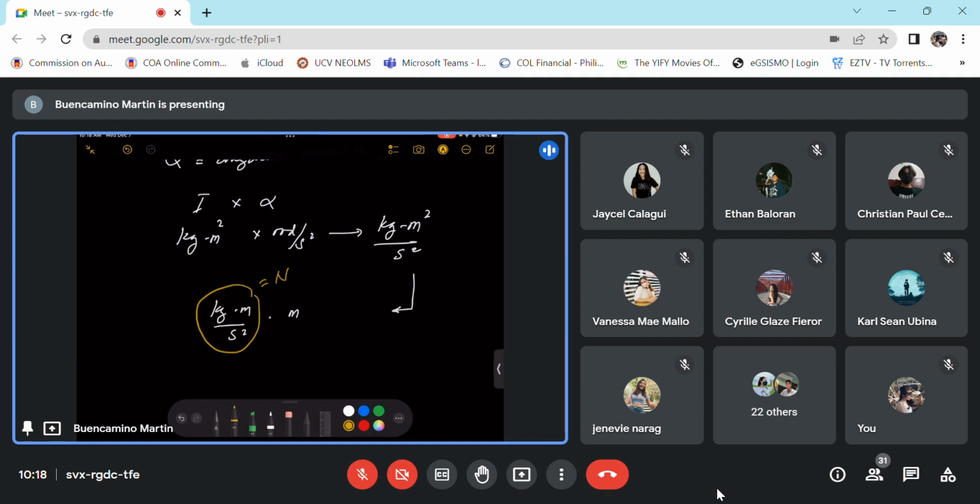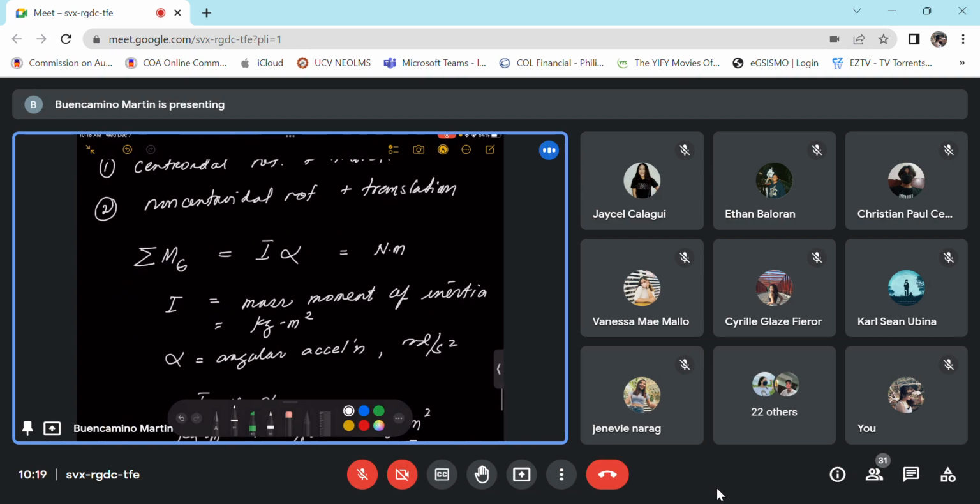Remember, class, that 1 Newton is equal to 1 kilogram meter per second square by definition. And so our resulting unit will be Newton meter. That is our unit.